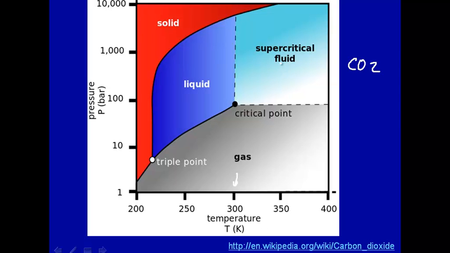In fact, some people propose, instead of using toxic chemicals to do dry cleaning, why not use supercritical carbon dioxide? And also, if you're into decaf coffee, supercritical carbon dioxide is a good way to remove caffeine from coffee beans. Among the various ways of taking caffeine out of coffee, one of them uses supercritical carbon dioxide to remove the caffeine.